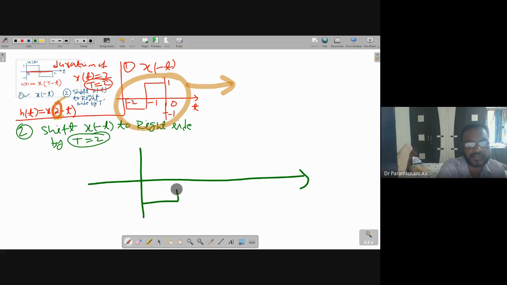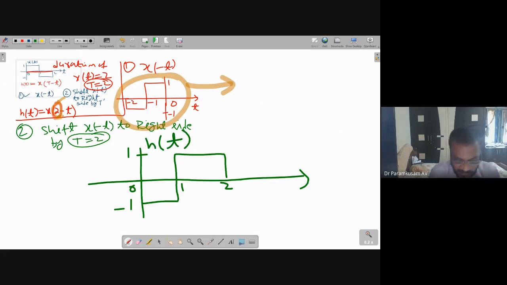You will get 0, 1, 2. Okay, this is 1, this is minus 1. So this is the unit impulse response of the matched filter.